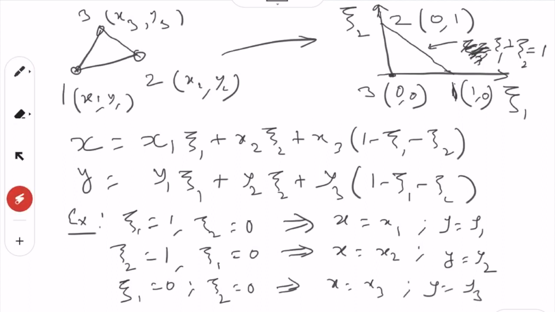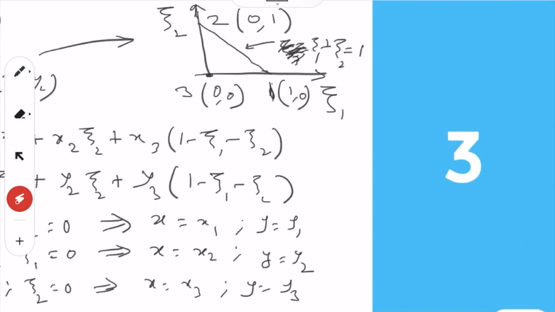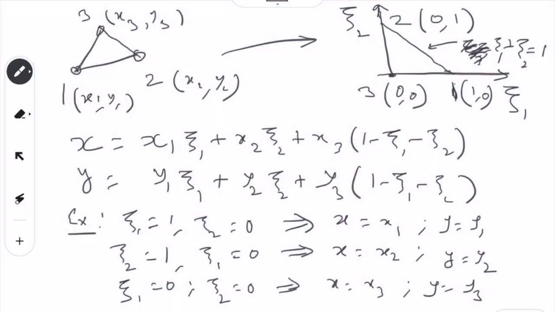So this is a transformation basically. We can also assume xi3 equal to 1 minus xi1 minus xi2. That means we can write x1 times xi1 plus x2 times xi2 plus x3 times xi3, so this whole thing we are calling xi3.